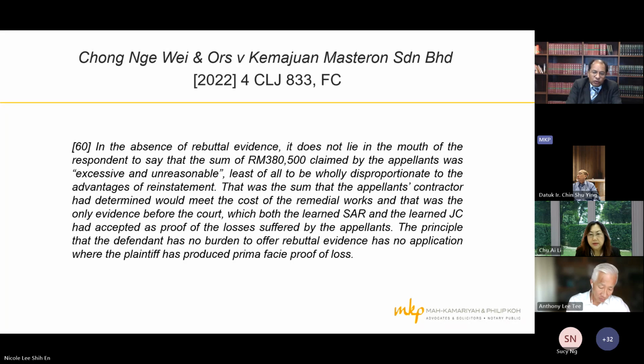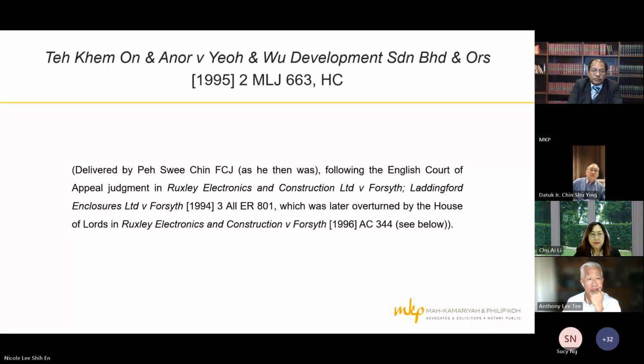However, I want to focus on what the federal court didn't consider, which is essentially the leading English case on the difference between the cost of rectification and the diminution in value. Next slide, please. This is Ruxley Electronics and Forsyth.